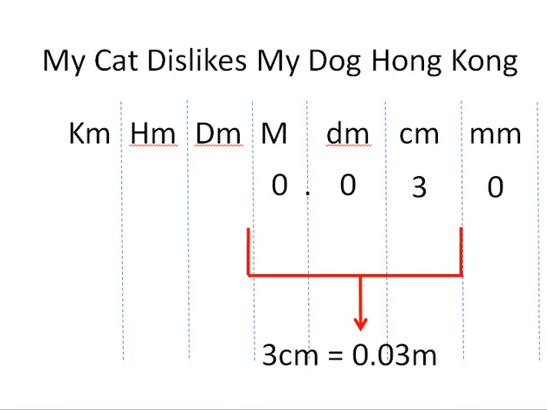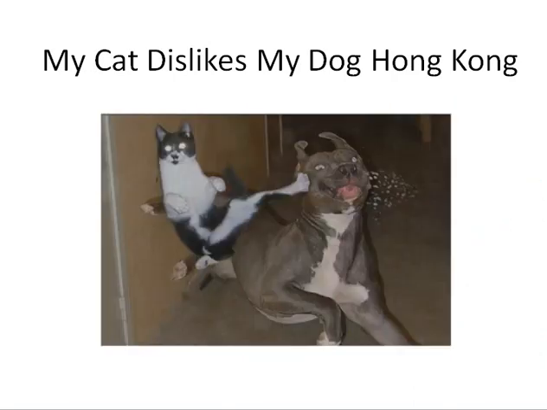Similarly, if I asked you to extend it all the way to, let's say, millimeters instead of centimeters, you can see, just by looking at this graph, it's 30 millimeters for 3 centimeters. And all you have to do is remember, my cat dislikes my dog Hong Kong.